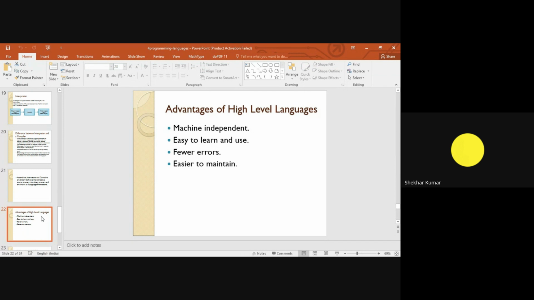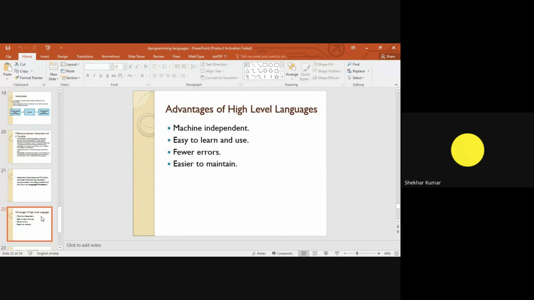So this requires more time to execute a program, because we are converting an English-like language to the machine-level language. So it requires a lot of time for execution compared to your machine-level and assembly language.